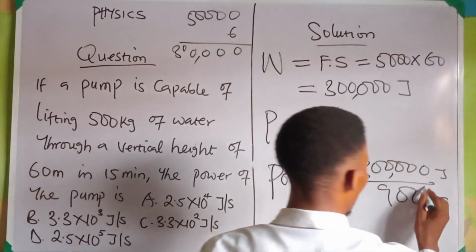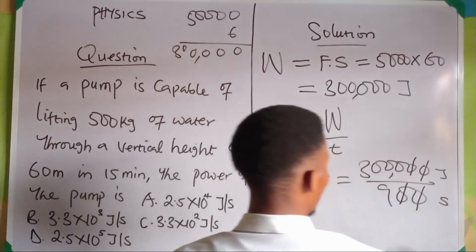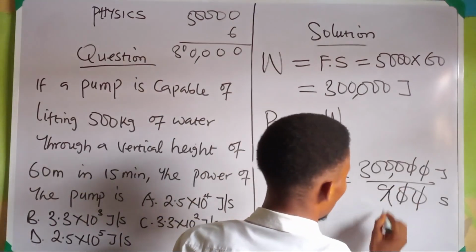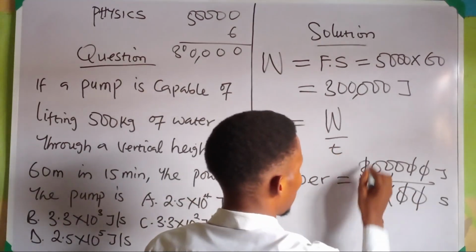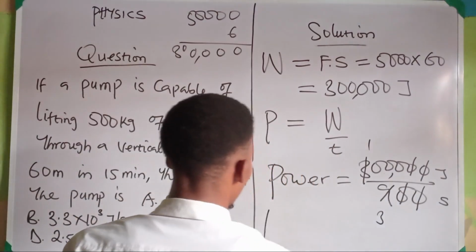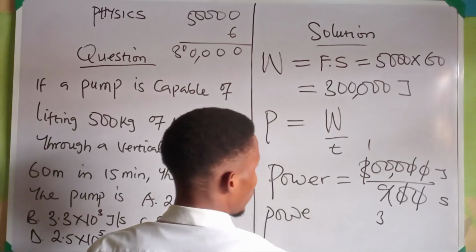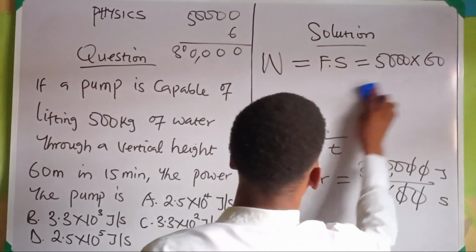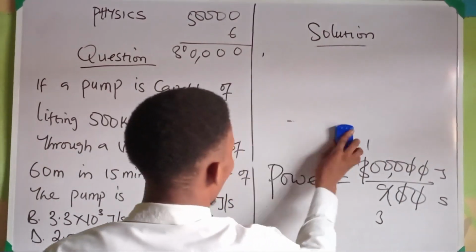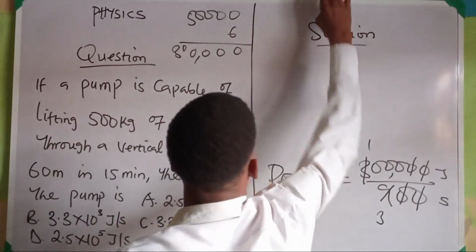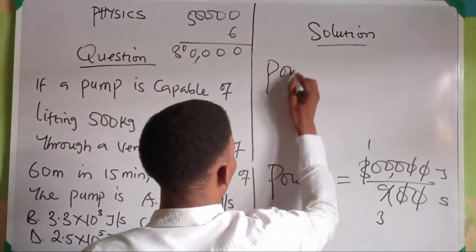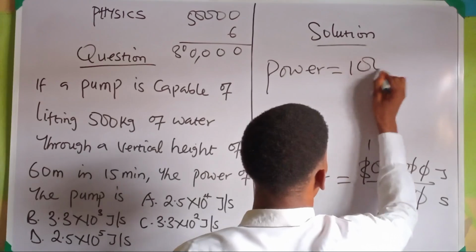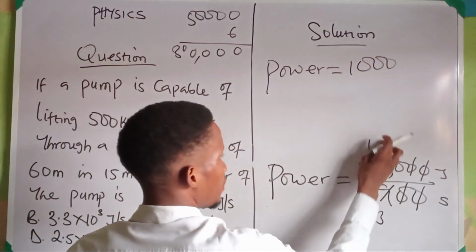So we can cancel this. This can go against this. If we divide this here, 3 here, we get 3. 3 here, we get 1. So that means our power here is giving us 1,000, because we have cancelled this and this is already giving us 1.